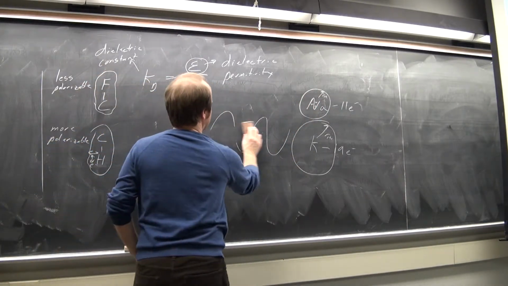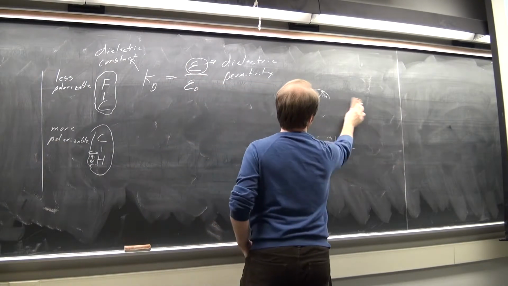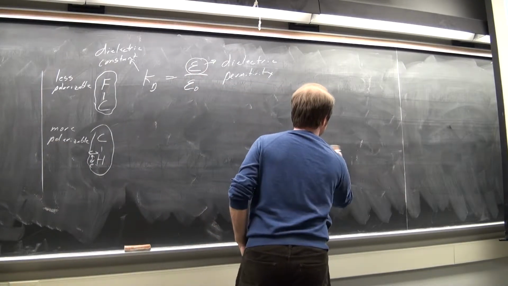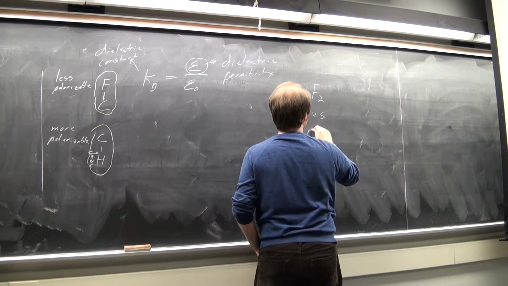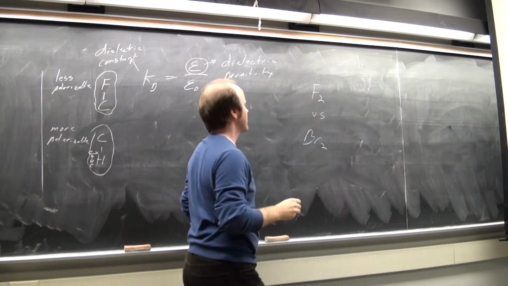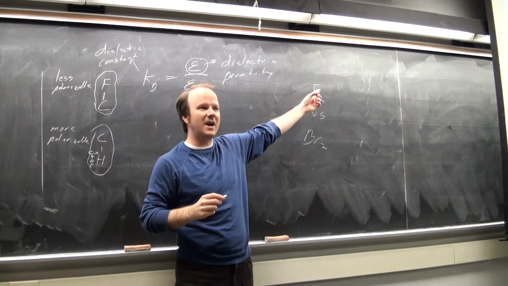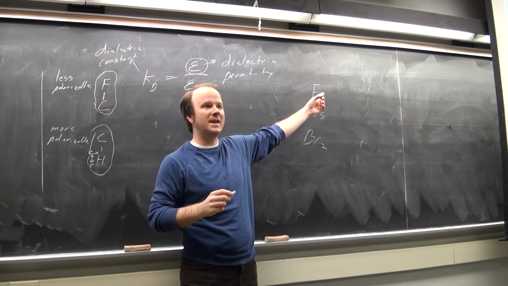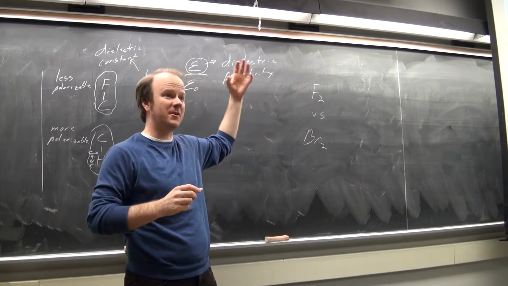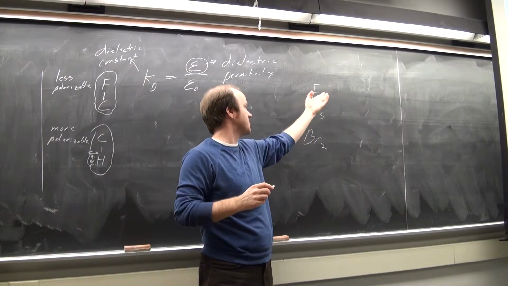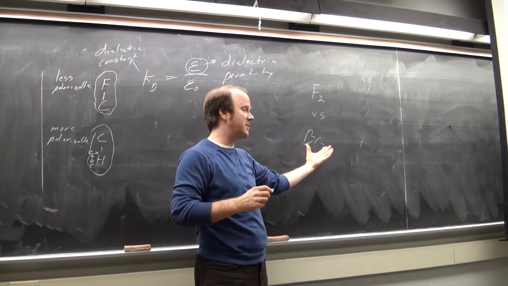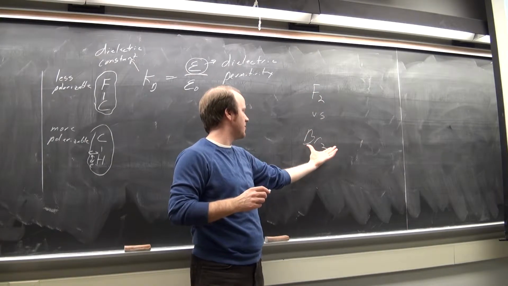So if you compare an easy one, electronegativity is very high for fluorine gas, and so it's very low polarizability because it's really holding on to those electrons. It's also very small, right, compared to bromine. And so bromine's polarizability is high.